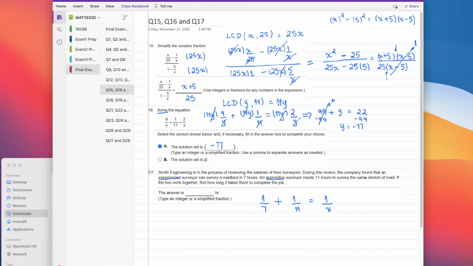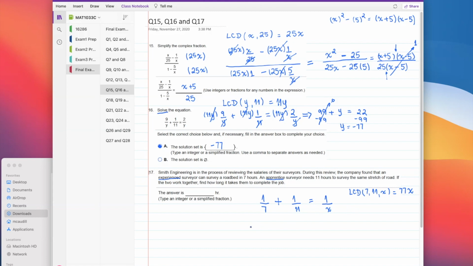So here I have the LCD. The denominators are 7, 11, and x. And then you'll be 77x, the expression that contains each one of them.